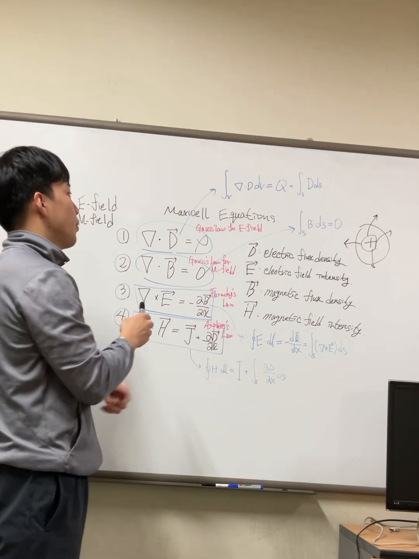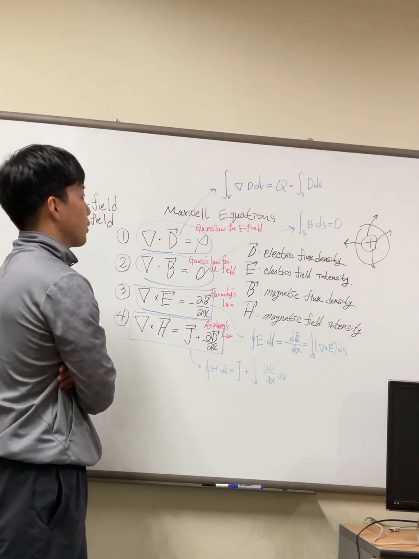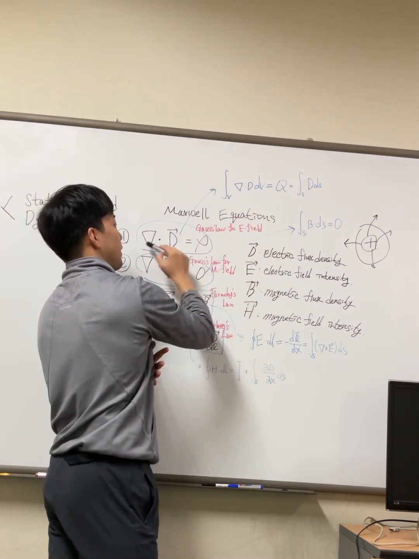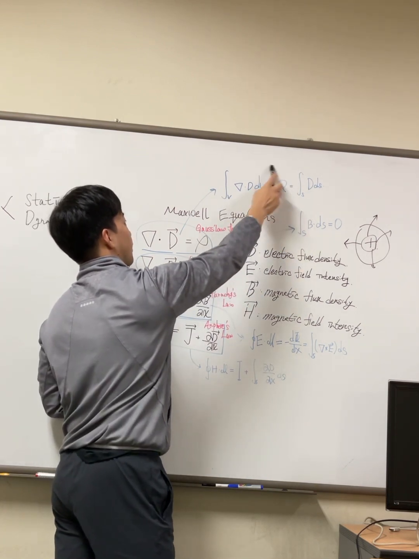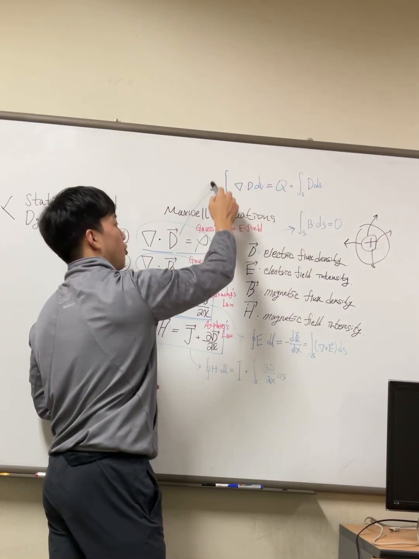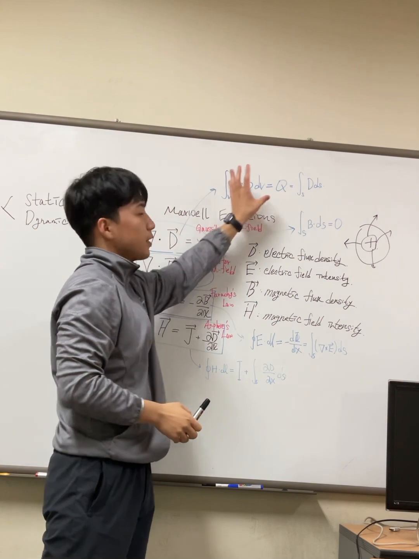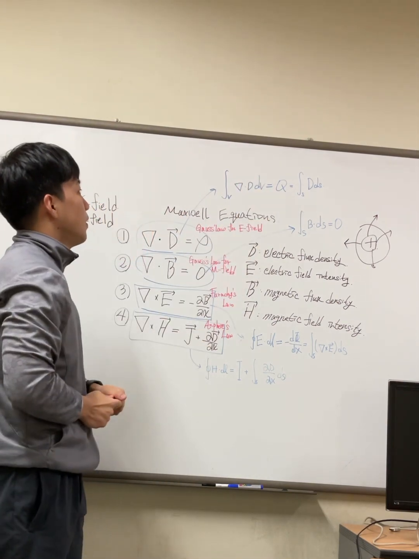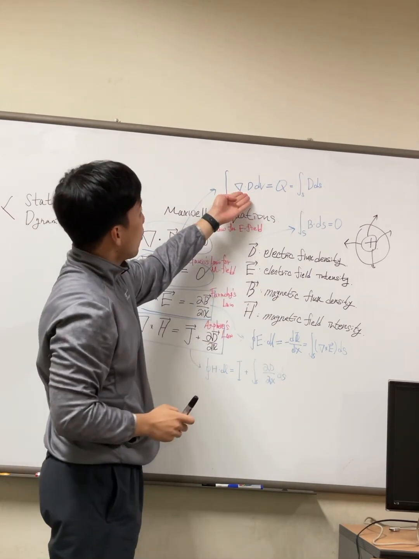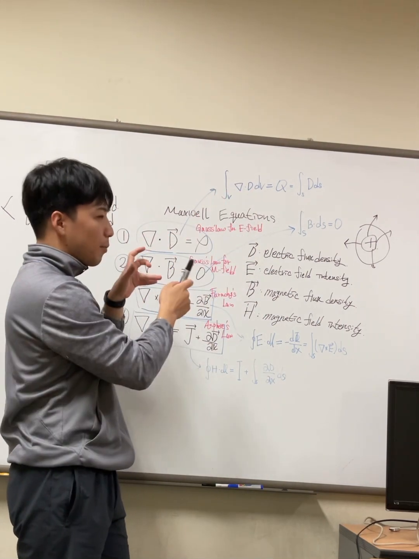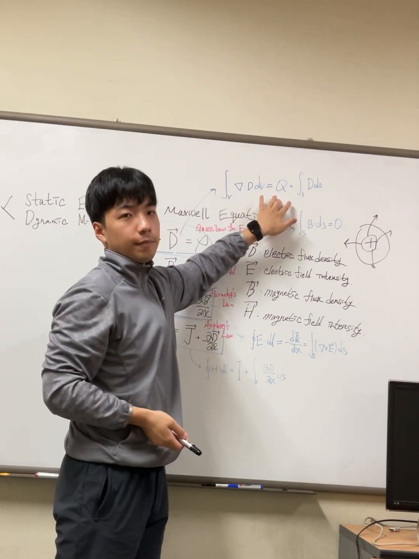Next I will tell you how to calculate this equation. First, this equation, do you agree about the connection between this equation and this equation? The integral is for all of vector D and divergence. It means the unit charge, the total unit charge.